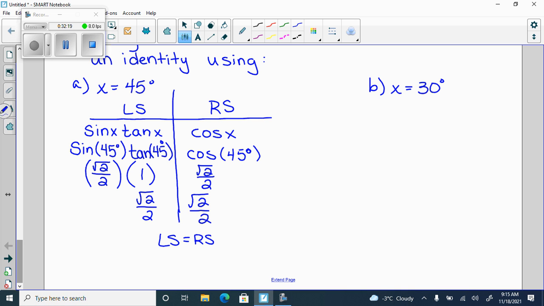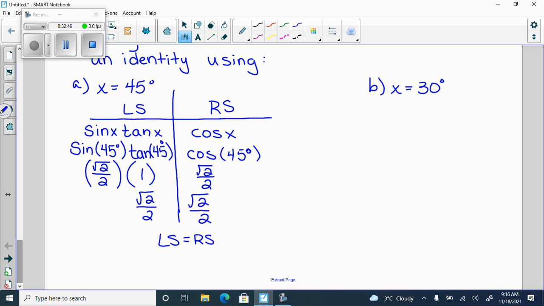Do you have to use the t-chart? Yes, for trig. Can I get a mark for the teacher? You're going to use the t-chart because you're going to use the t-chart in a proof as well. If you use the t-chart, you don't have to have the same number of steps on the left as on the right. If you use just equal signs, which is okay, you have to carry the equal signs down the whole time.